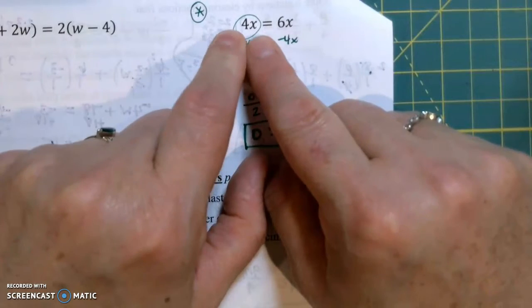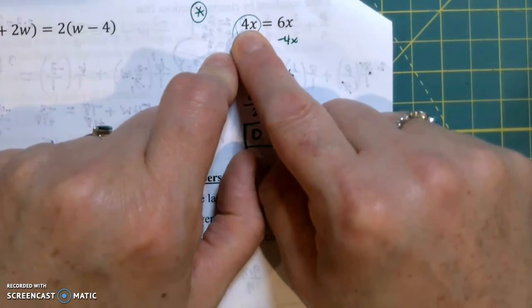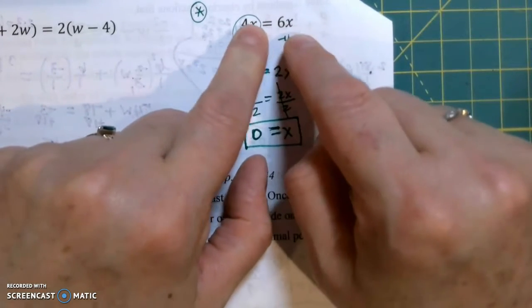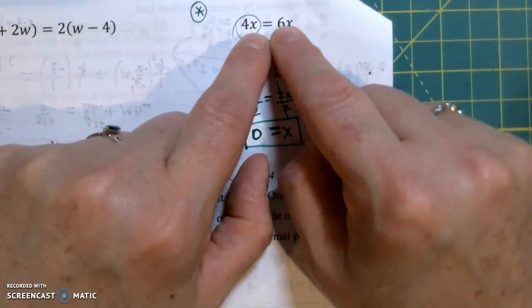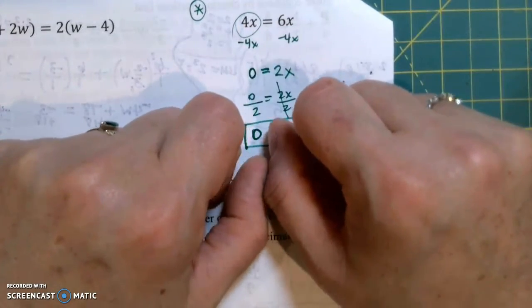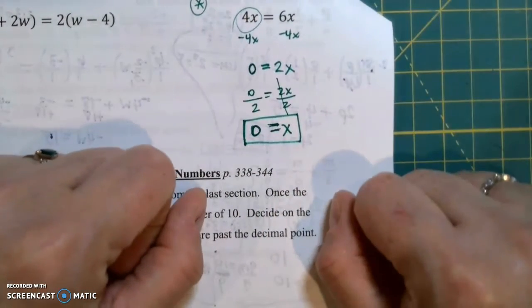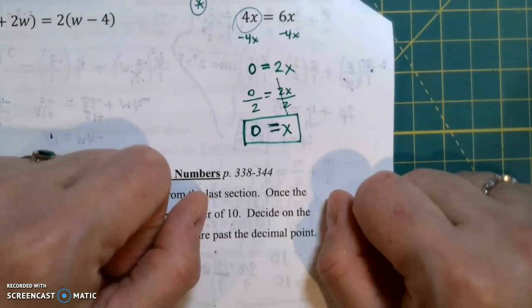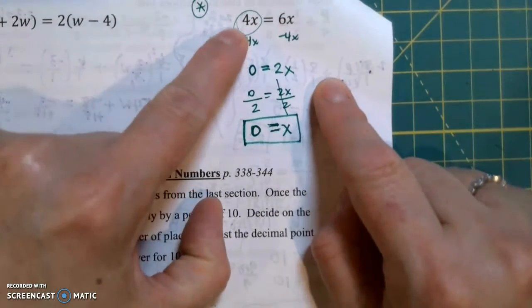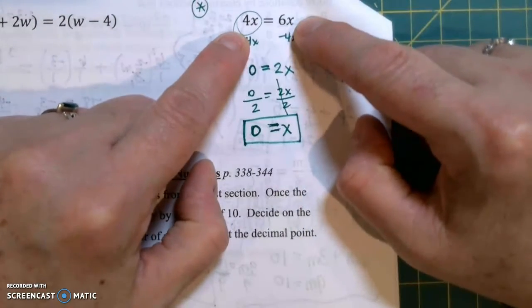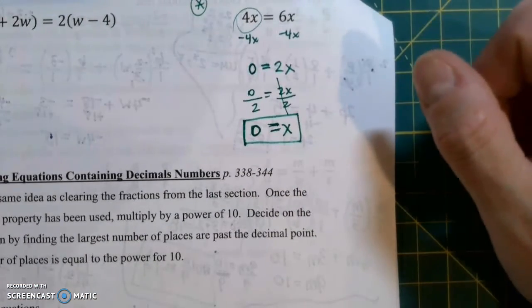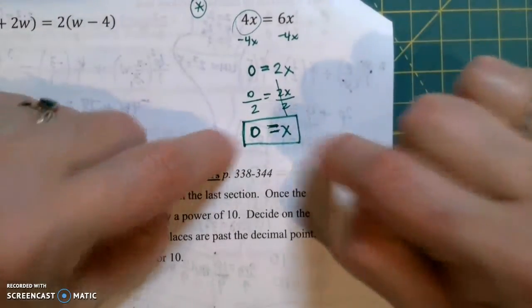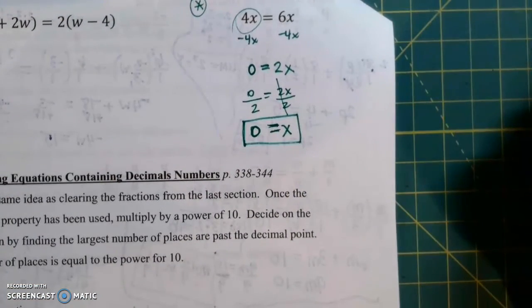The reason is that I can't multiply the same number by 4 and by 6 and end up with the same value unless it's 0. It's like saying that my row of multiplication facts for 4 and for 6 are the same. That can't be. So this is that situation where 0 would be equal to x.